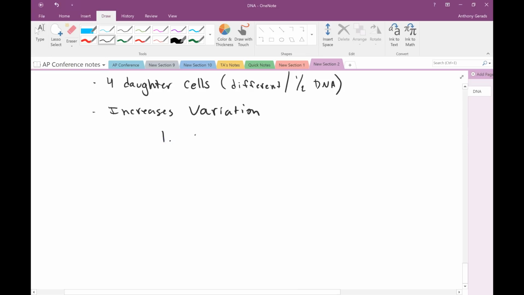Way number 1 is called crossing over. Crossing over is when you've got 2 homologous chromosomes, I've got that one, and I've got this one. Remember, they're going to pair up, but part of them is going to swap. Okay?